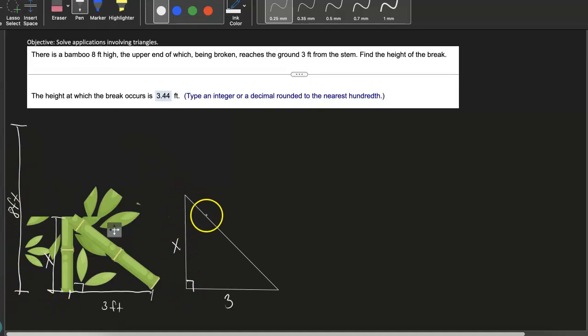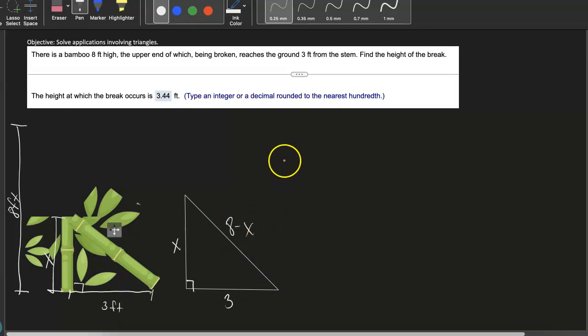Well, if all together that bamboo stalk was 8 units high or 8 feet high, X of which is already part of one of these two sides, then what's left, 8 minus X, will be the length of this third side, this hypotenuse. So now I have enough information that I can use the Pythagorean theorem to solve for X.